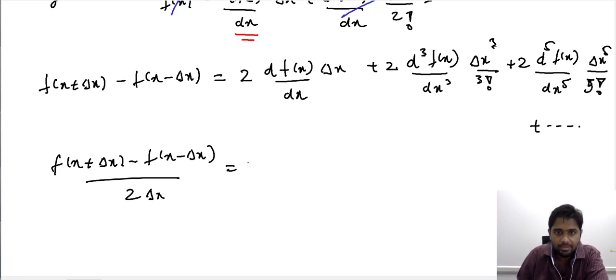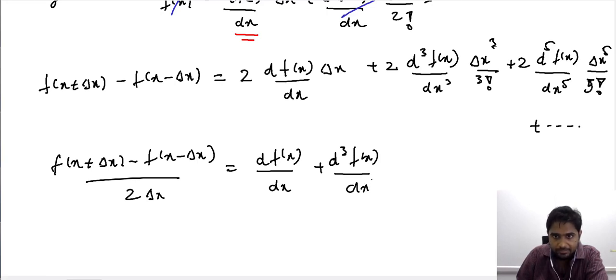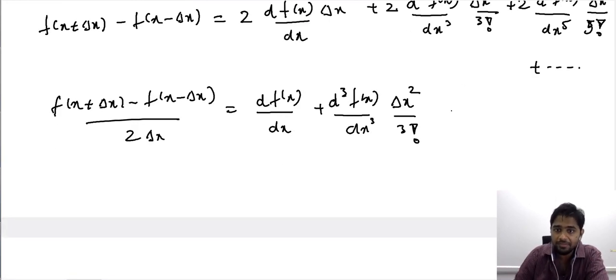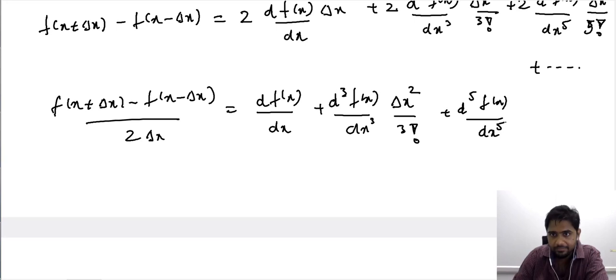And ultimately this would lead us to the first derivative of f of x plus the third derivative of f of x times delta x square by 3 factorial, and the fifth derivative of f of x times delta x power 4 by 5 factorial, and so on and so forth.